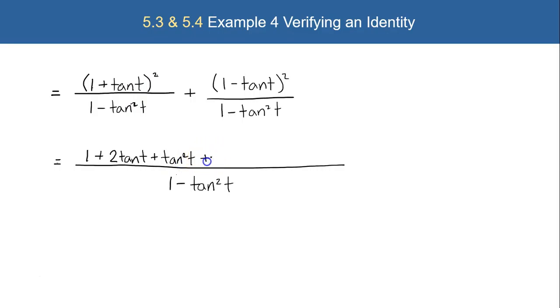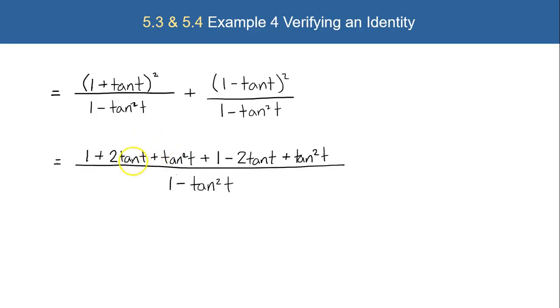Now plus, do the same thing here: 1 squared, 1 times tangent t times 2 is minus 2 tangent t, and then negative tangent t squared is positive tangent squared t.